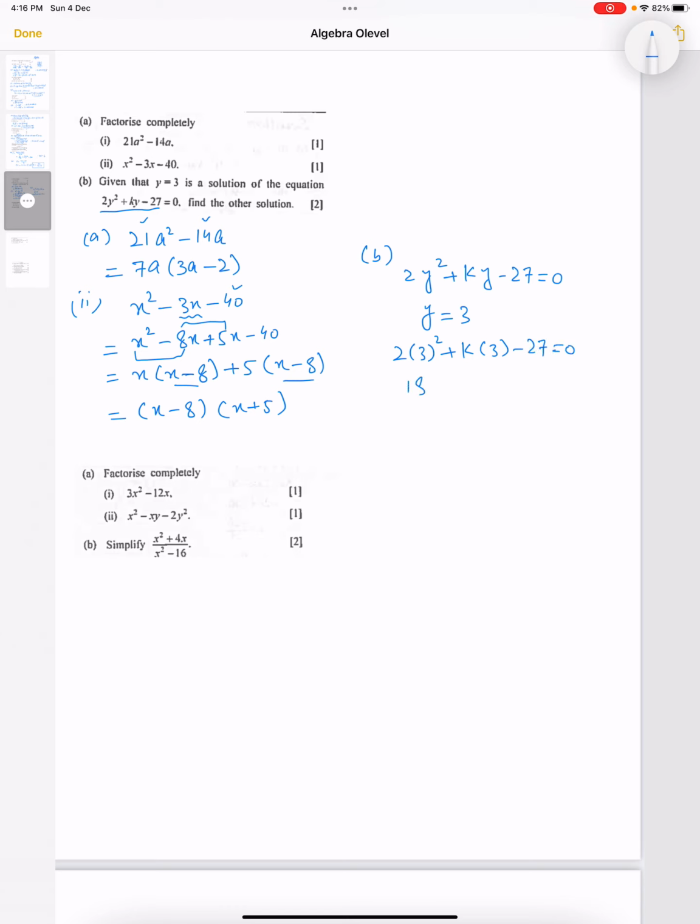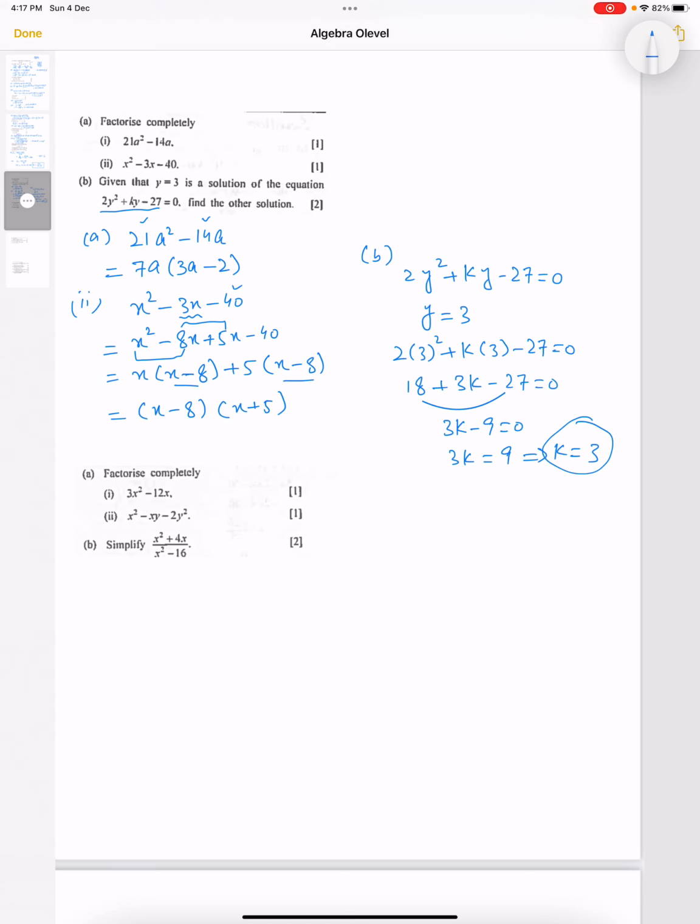And we have now 18 plus 3k minus 27 is equal to 0. 18 minus 27 becomes minus 9. So it becomes 3k minus 9 is equal to 0. 3k is equal to 9 and we have k is equal to 3 as the answer.